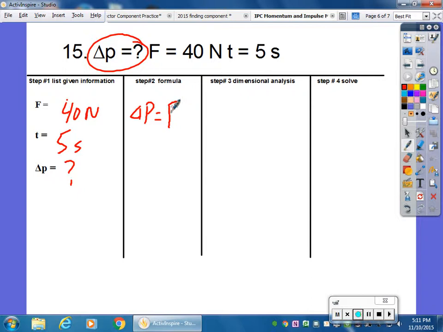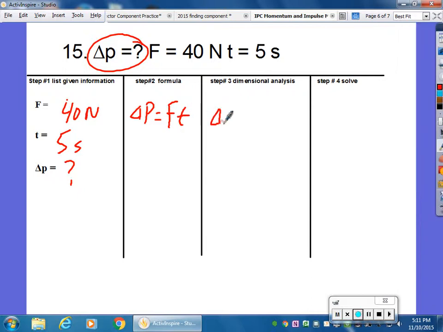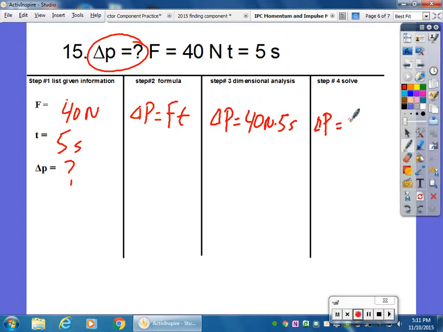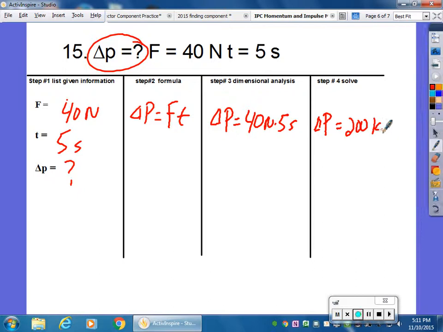So then we just plug our numbers in. Very, very simple. 40 newtons times 5 seconds, and we end up with a change in momentum of, in this case, 200 kilograms times meters per second.